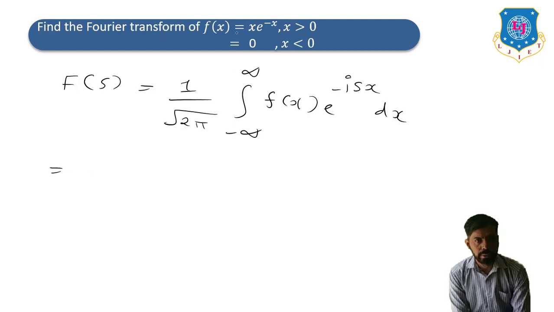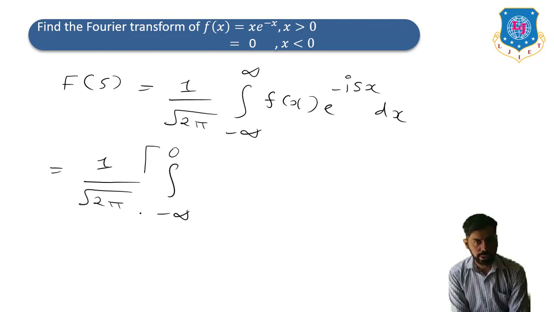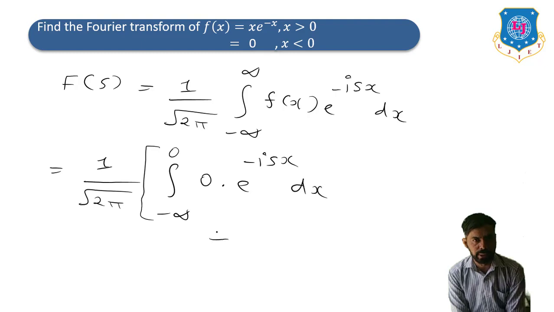Now here we will break this limit, so this will become 1 over square root 2 pi, and the limit will be from minus infinite to 0. For this limit the value of function is 0 because f of x is 0 for x less than 0. So here f of x will be 0 into e raised to minus i s x dx, plus integration 0 to infinite.